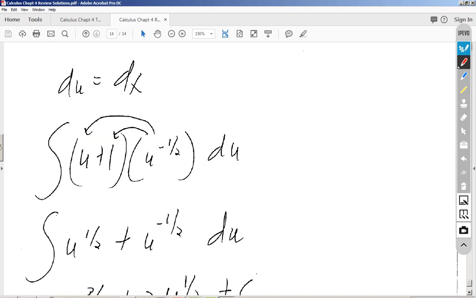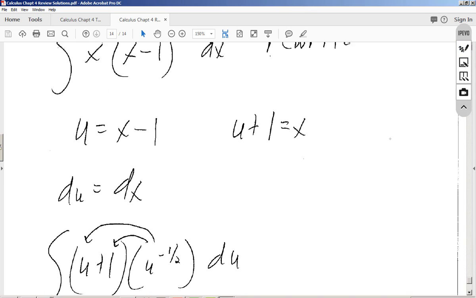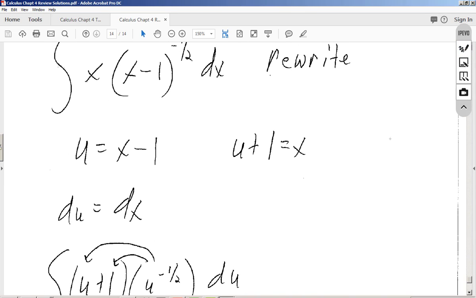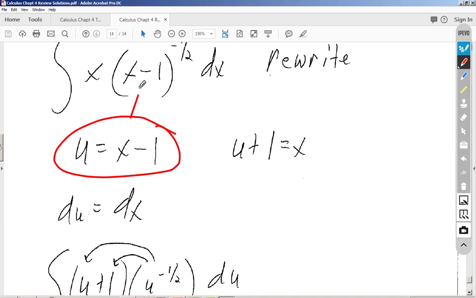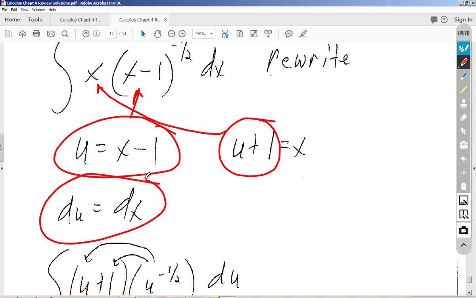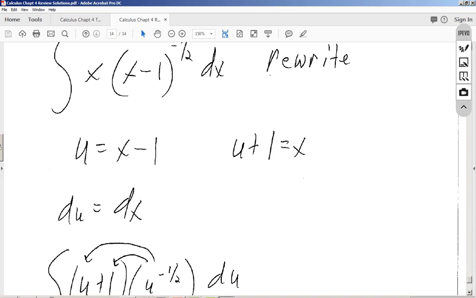So notice up here, just using that substitution, I have u is equal to the x minus 1 right there. And then this one, u plus 1, goes right there. And then du equals dx. That's going to go right there. That substitutes all of my x values for u values.